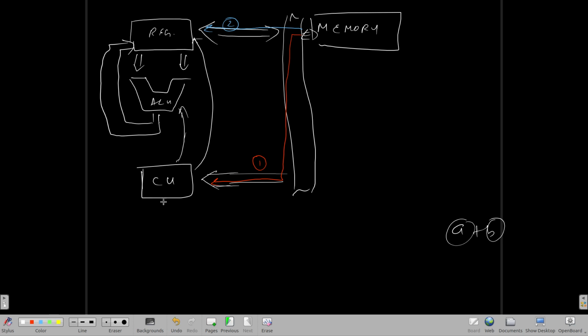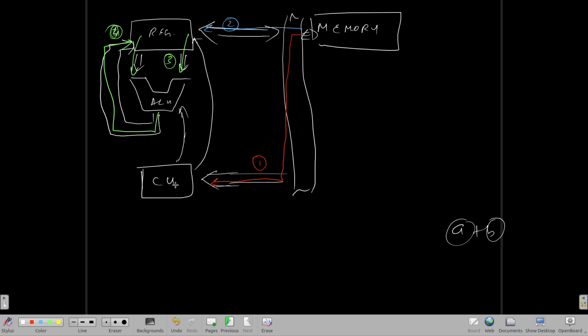So once the processor knows what operation is to be done and it has the operands, A and B, in the registers, then they are transferred to the ALU, the operation is done and the result is given back to the registers. Let's call this step 3.